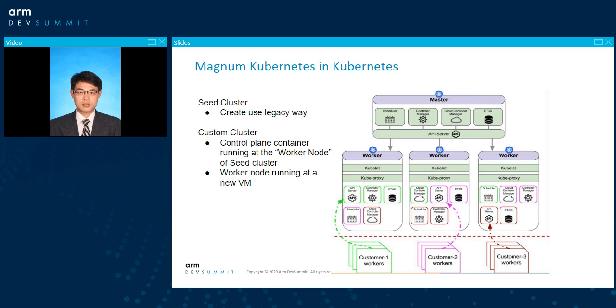So we can leverage traditional Kubernetes deployment tools such as kubeadm to realize this, so we don't need to maintain a lot of scripts. This is our plan for the Magnum provision, and we are working on it.